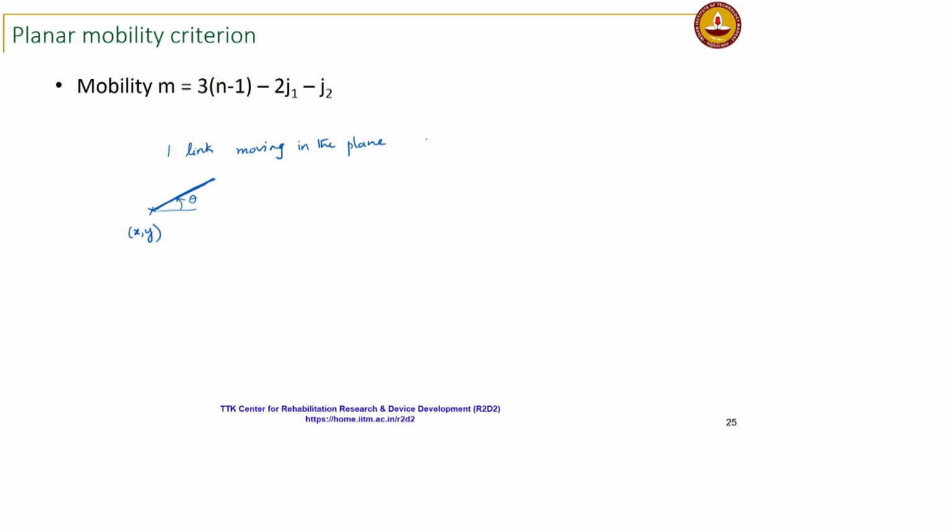So, one link moving in the plane has 3 degrees of freedom. Now, before I make the chain even, I take n links, and independently if I have these n links moving in the plane, how many degrees of freedom will I have? 3n. For my system I have 3n degrees of freedom.